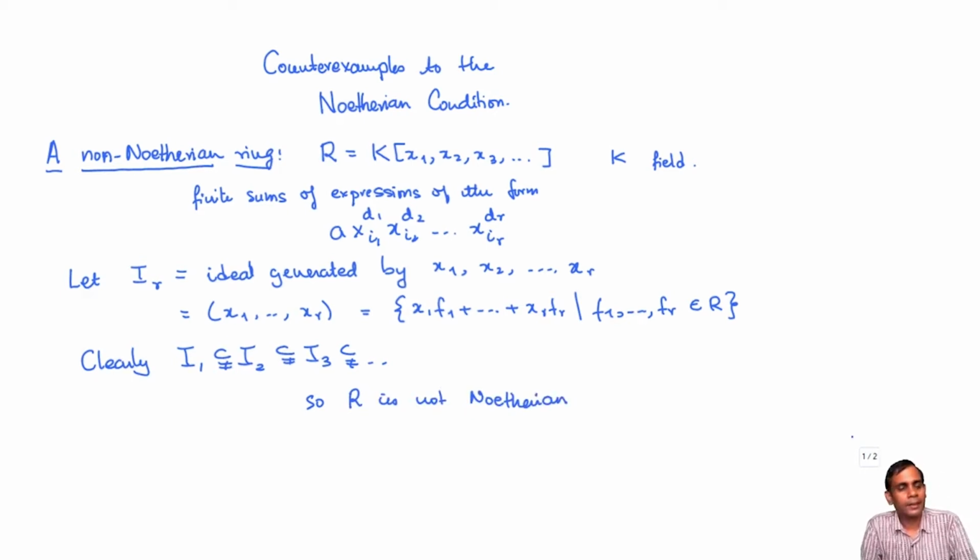We've seen that when R is a Noetherian ring, then every submodule of a finitely generated R module is again finitely generated. When R is not a Noetherian ring, you can always find a finitely generated R module which has a submodule that's not finitely generated. To see this, I'll illustrate it using the same example, R equals k[x1, x2, x3, ...], the polynomials in infinitely many variables.